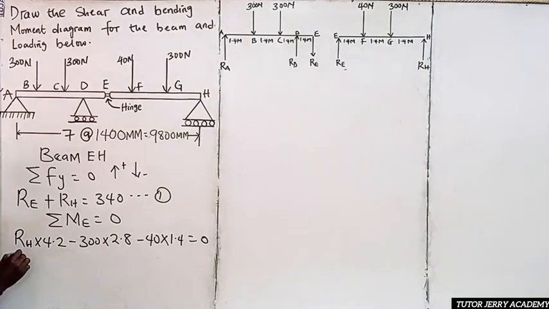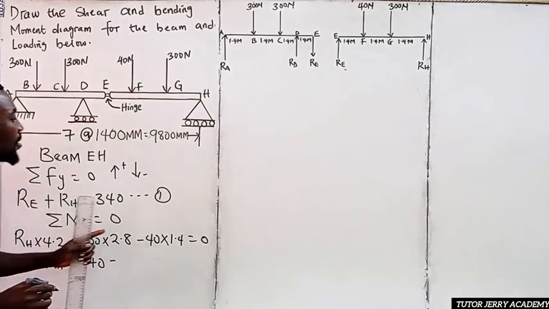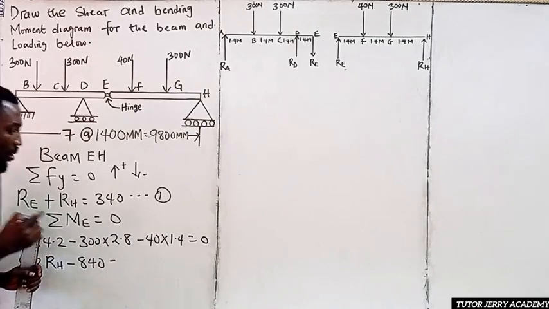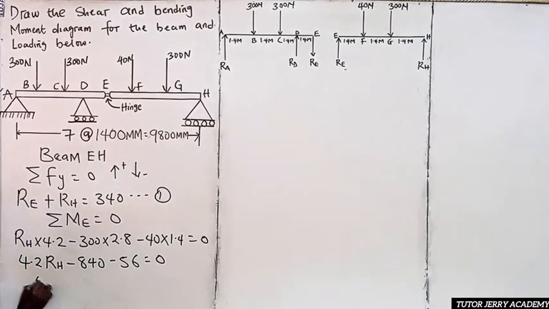So 4.2 times R_H gives us 4.2 R subscript H, and 300 multiplied by 2.8 gives us 840. So we have minus 840. Minus 40 multiplied by 1.4 is 56. So we have minus 56 equals 0. So 4.2 R_H will equal 840 plus 56, which is 896, after moving that to the other side.